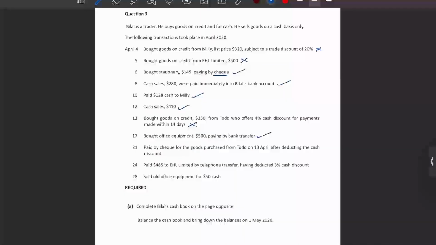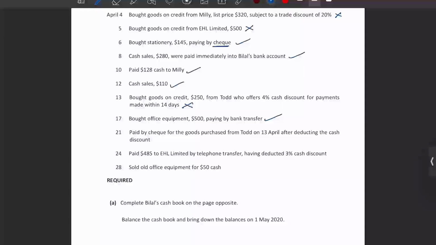I'm leaving it for you. Genius, tell me. Easy. If you properly analyze it, it's easy. Paid by check for the goods purchased from Todd on 13th April after deducting the cash discount.